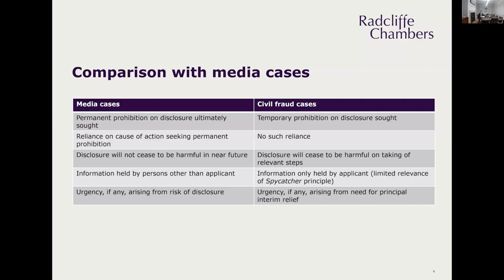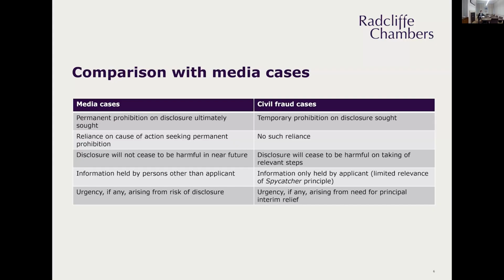I've just set out the use case in the civil fraud cases, and we're all aware of the sorts of causes of action we might pursue at trial in a civil fraud matter. So on the one hand, we have media cases and a few characteristics of them. And forgive me for putting them in a table, it's rather crude, but the purpose is just to help a little with comprehension and clarity.